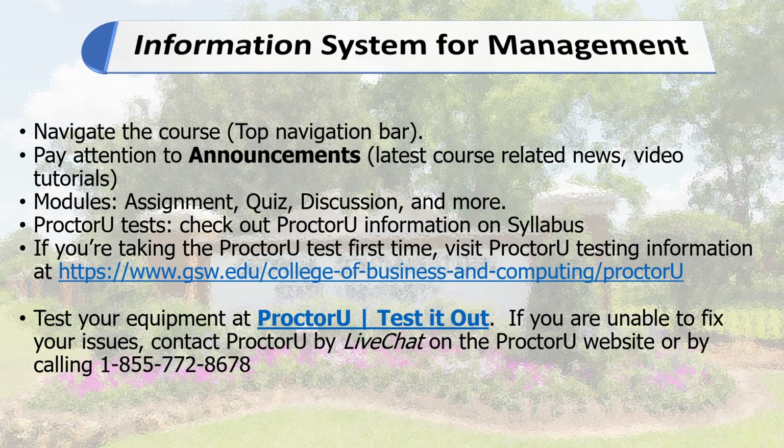So make sure you go to GoView and navigate the course, especially paying attention to the announcement section, because announcements will lay out all the important information, video tutorials, and information about proctored tests and so forth. And if you go to content, then you have each chapter.